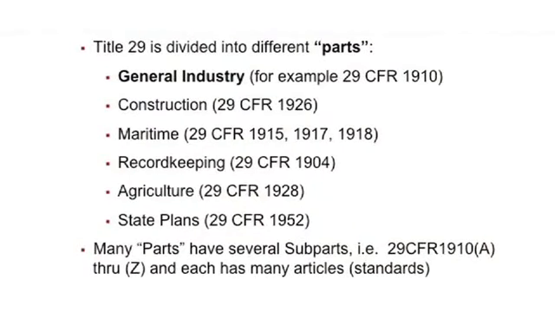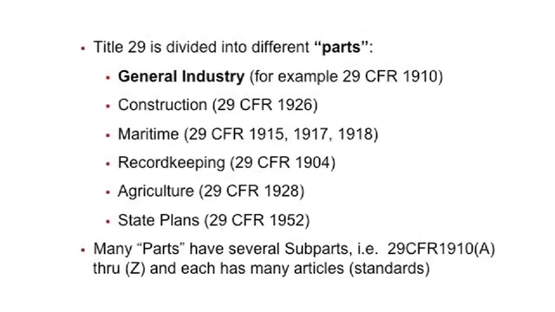There are other parts, and this is just a sample listing, not a complete listing: marine, record keeping, agriculture, and so on. The parts, in turn, are divided into subparts, so this is not the end of it. 29 CFR 1910 has subparts A through Z. For example, subpart S is very important for the power industry in terms of, again, safety in power equipment.